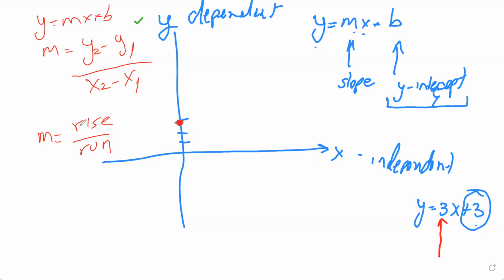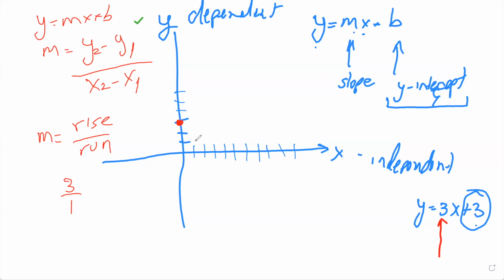So rise over run. When I say the rise over run is 3, it means 3 over 1. Always remember, 3 means 3 over 1. So rise is 3, run is 1. Let me see what rise over run looks like this way. I'll count 1, 2, 3, and then along the axis, plus and minus.